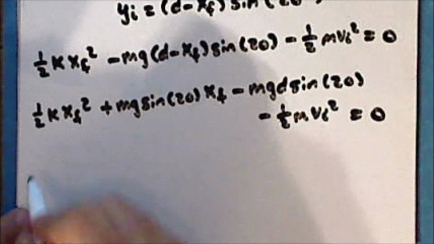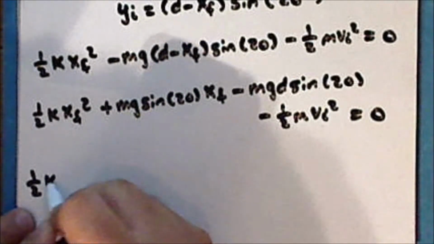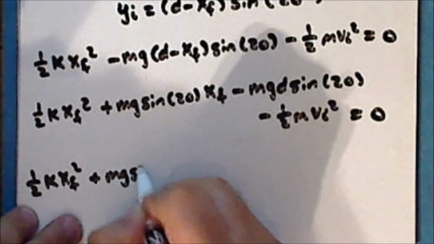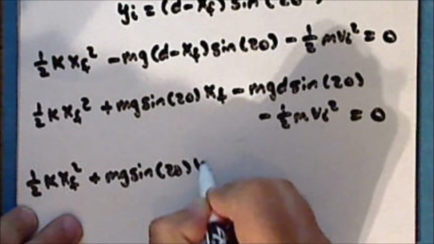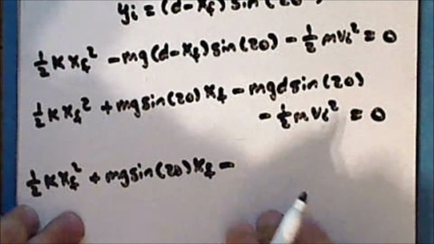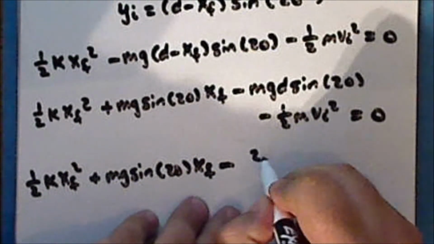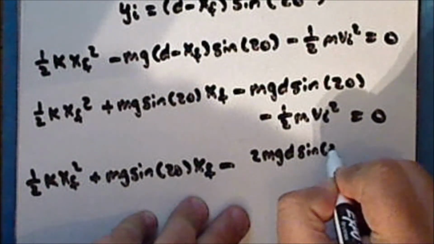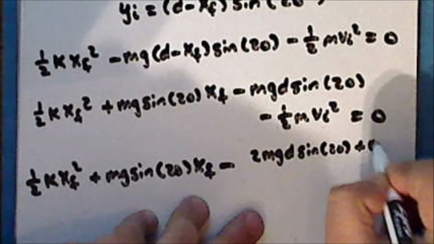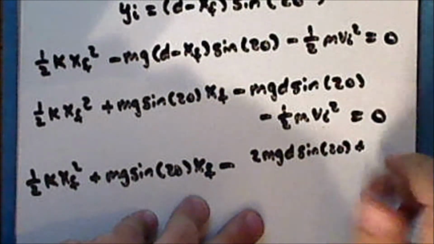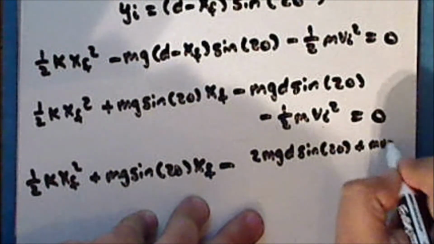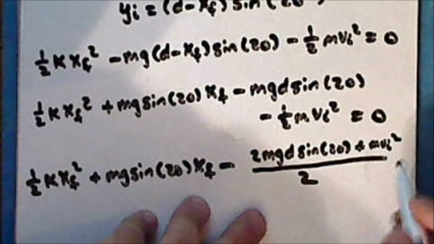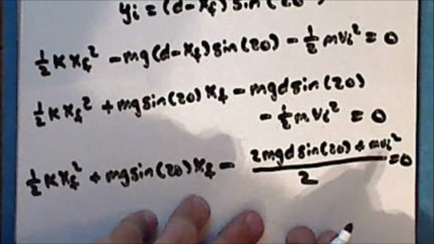And we can rewrite this equation as 1/2 k x sub f squared plus mg sine of 20 degrees times x sub f minus the quantity 2 times mgd times the sine of 20 plus the mass times the initial speed squared, all of which is divided by 2, and this entire expression is equal to 0.